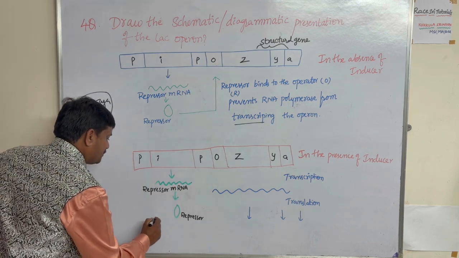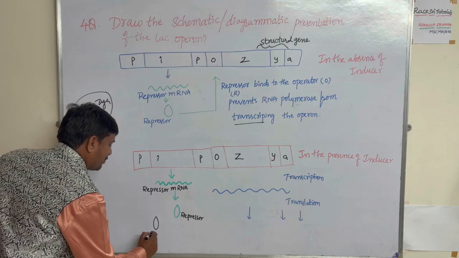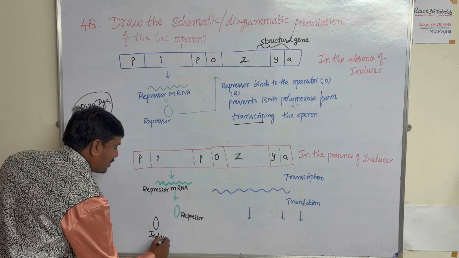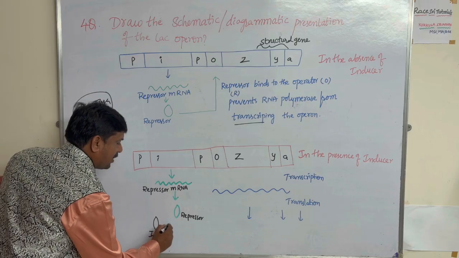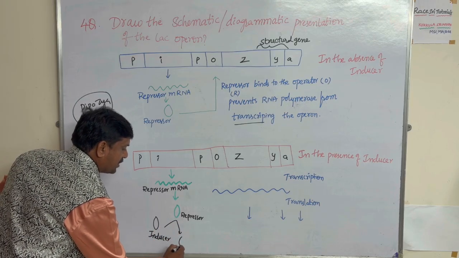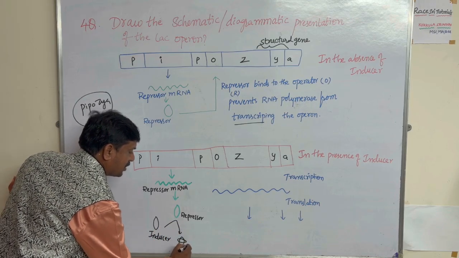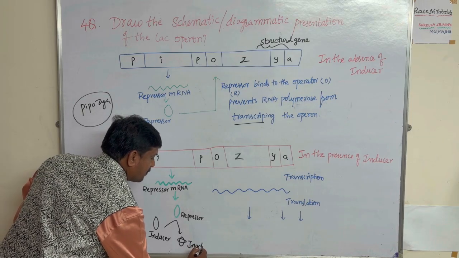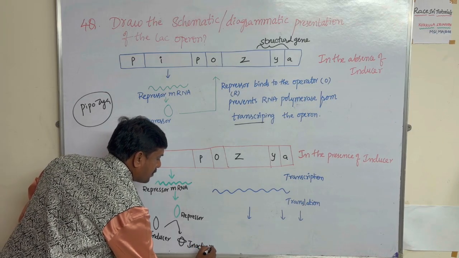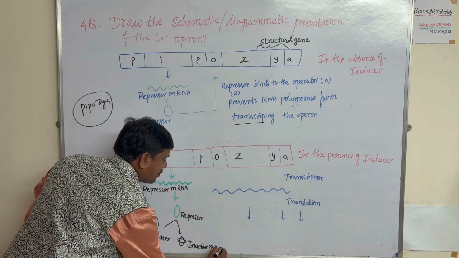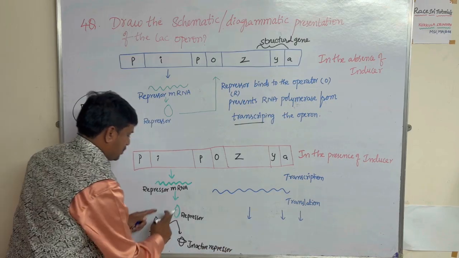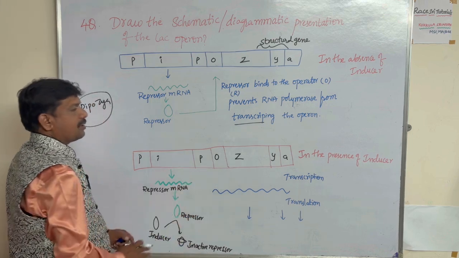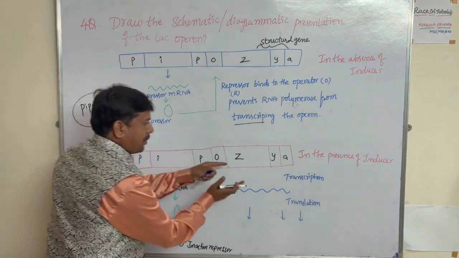Lactose we are using. Lactose is nothing but the inducer. So when the inducer is used, what happened? At that time the repressor is inactive. So that's the inactive repressor, so it is not bound with the operator. So then what happened?